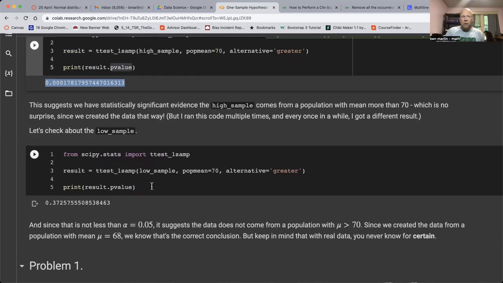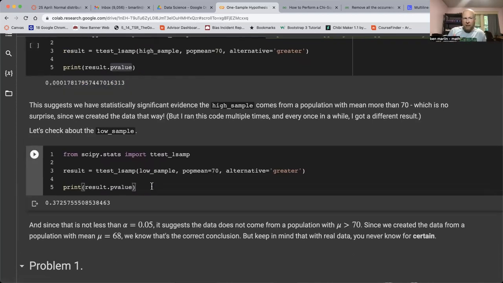So then for this next part here, I forgot what this next part is. We're going to check out the low sample, right? And for the low sample, we do the same thing. We say, t-test it. Here's the low sample. My population mean is 70. My alternative is the greater than, even though we know it'll be less than.